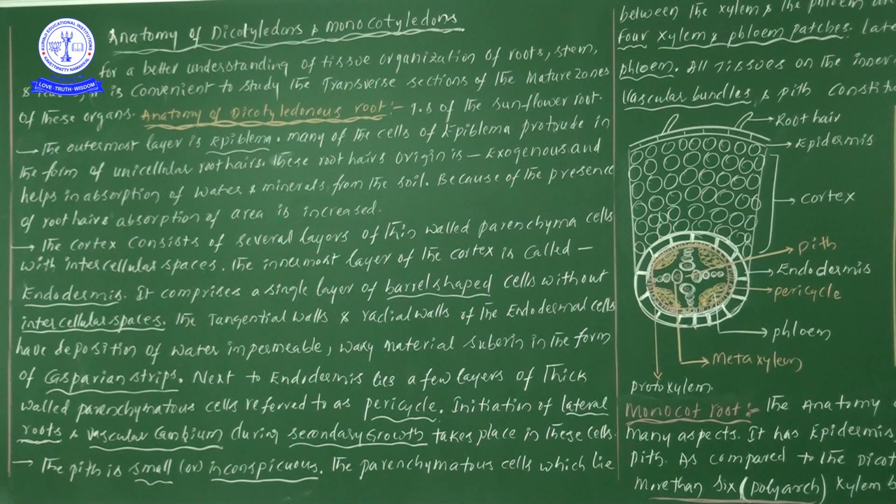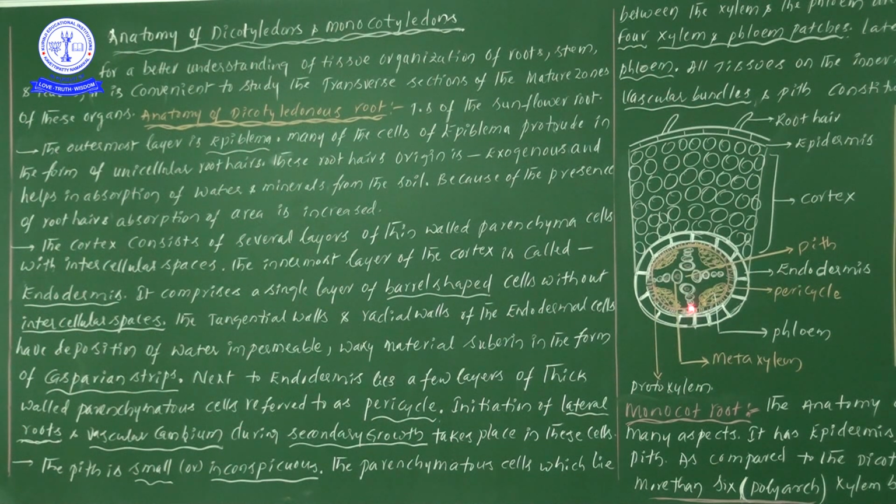Here is one important point I would like to give. Now look at the diagram. This one is the endodermis. Inside, protoxylem is there and here metaxylem is there. The smaller xylem we take as protoxylem.